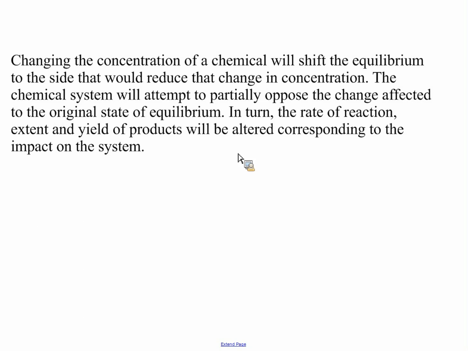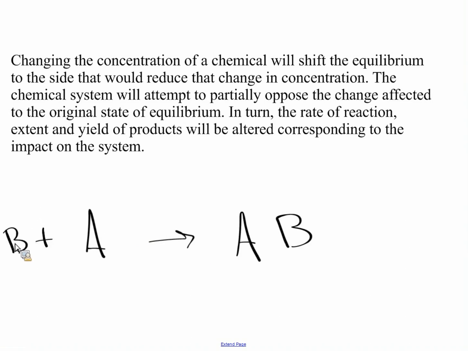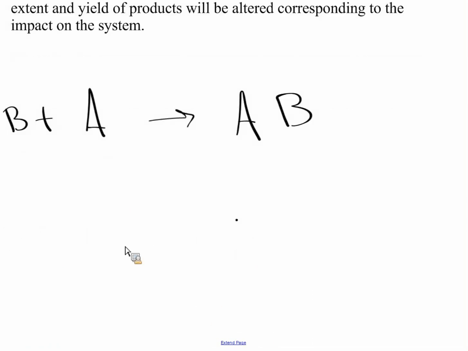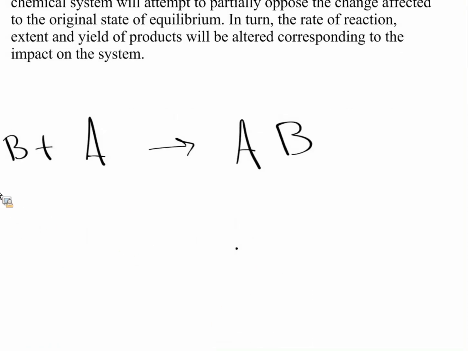Because if we have this simple reaction, let's do this here. It'll make more sense. All we're saying is, when I change concentrations, it's as though I'm adding stuff. So if I add A, then A and B will have more opportunities to collide, which means they'll start to produce more AB.